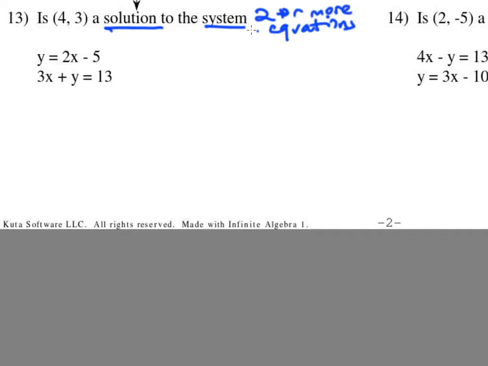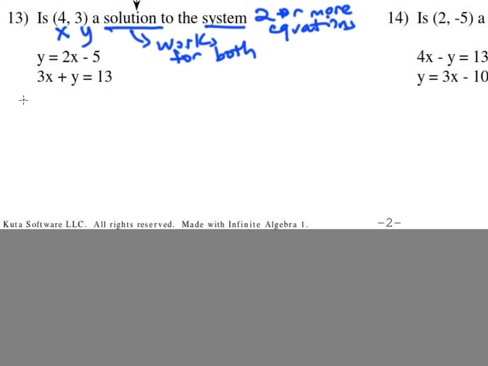For Algebra 1, we're just doing 2. In Algebra 2, you'll do 3. But is this a solution? Remember, solution means it works for both. So how do we check if (4, 3) works for both? Remember, this is our x, this is our y.